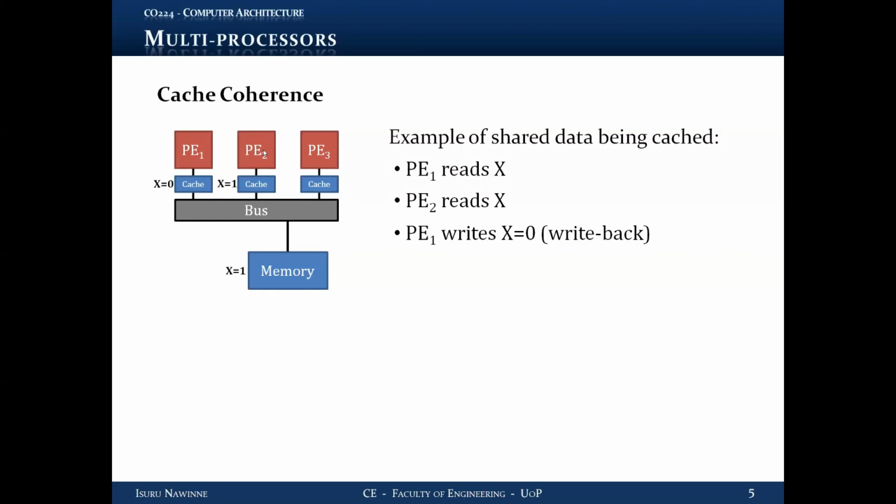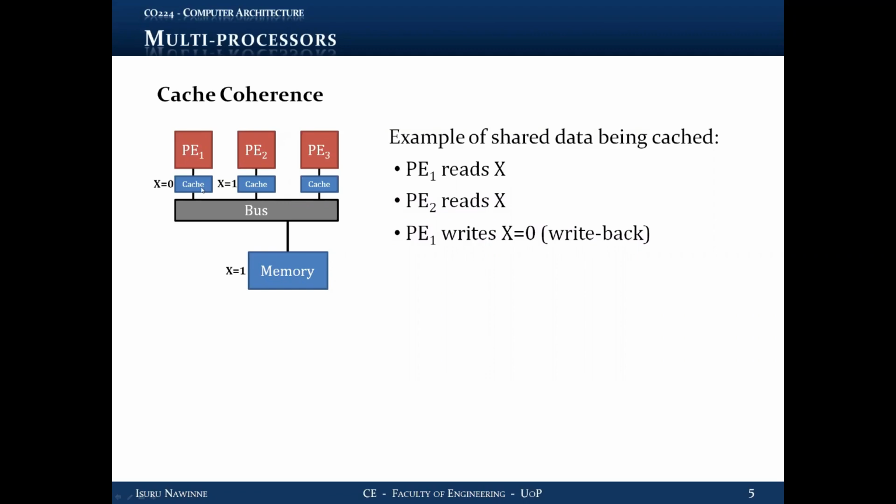Next time processing element 2 is going to read the value of X, the cache controller will see that the address tag is matching, but the valid bit is clear, it's not valid. So what it can do is a snoop read, place a snoop read access on the snoop bus.